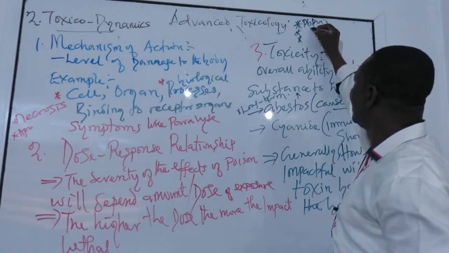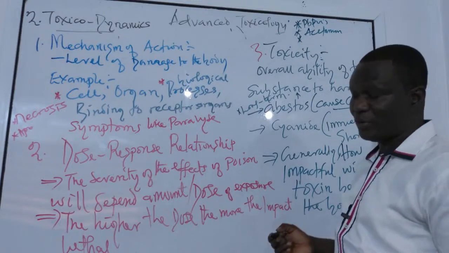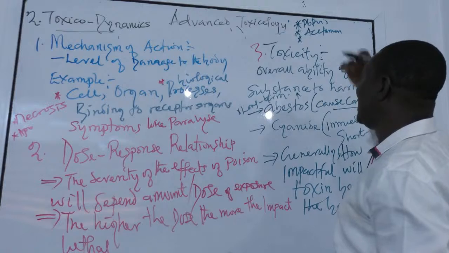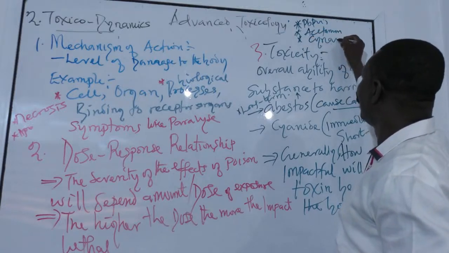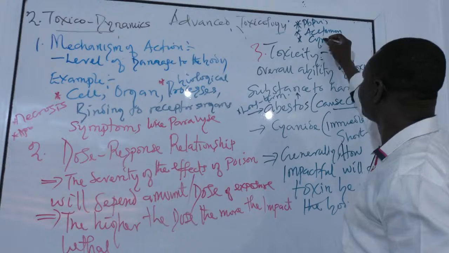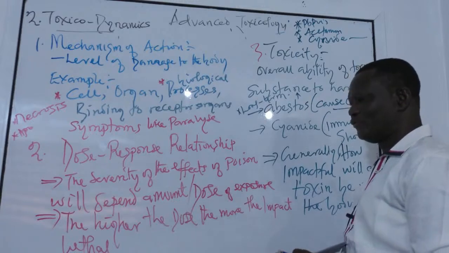The second one, we'll look at acetaminophen poisoning, that is overuse of paracetamol. Then we'll cap it up with the effect of cyanide, and that is going to be in another video.